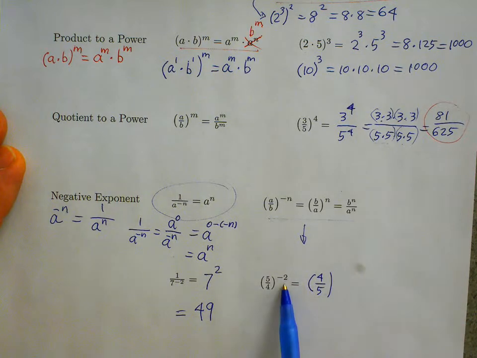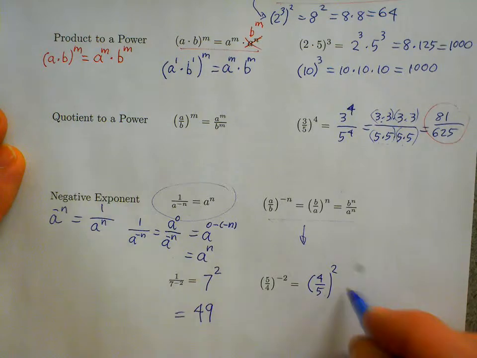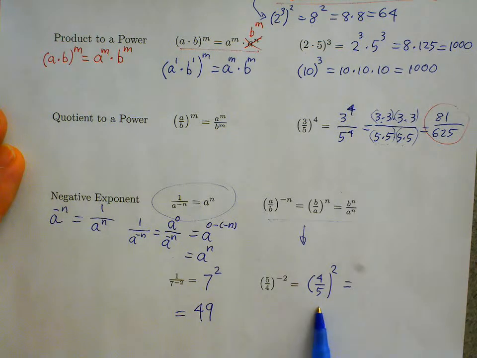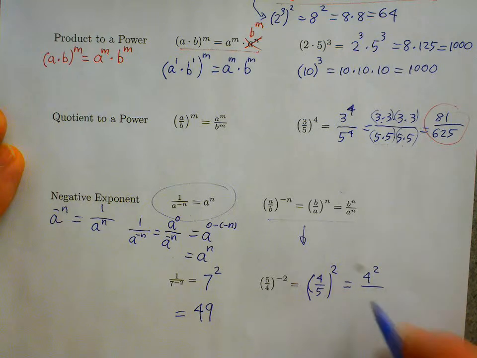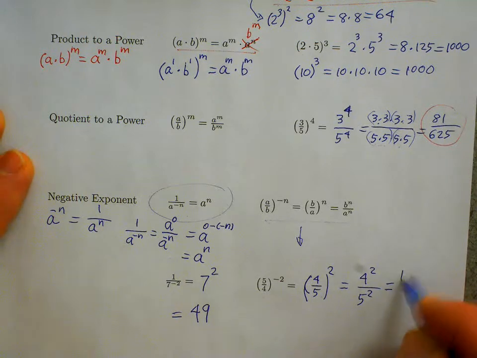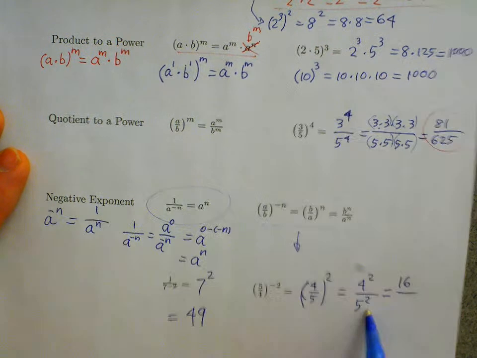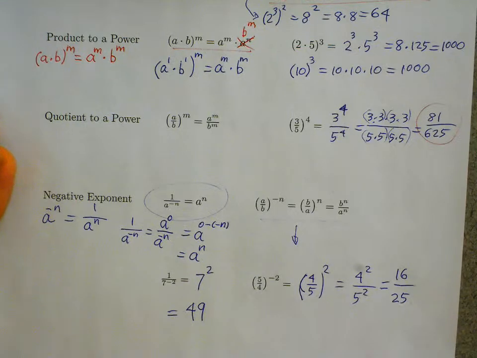We change the exponent to positive 2. And then we can simplify further, because the fraction 4/5 to the exponent 2 is 4 to the second in the numerator and 5 to the second in the denominator. And then 4 to the second is 16 in the numerator, and 5 to the second is 25 in the denominator.